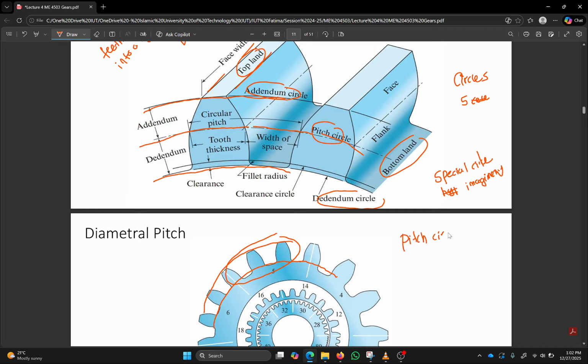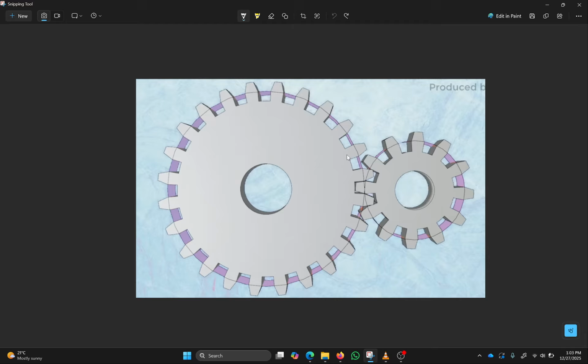Now, the pitch circle is special because whenever two gears meet, and I'm showing you two gears over here, their teeth are meshing.